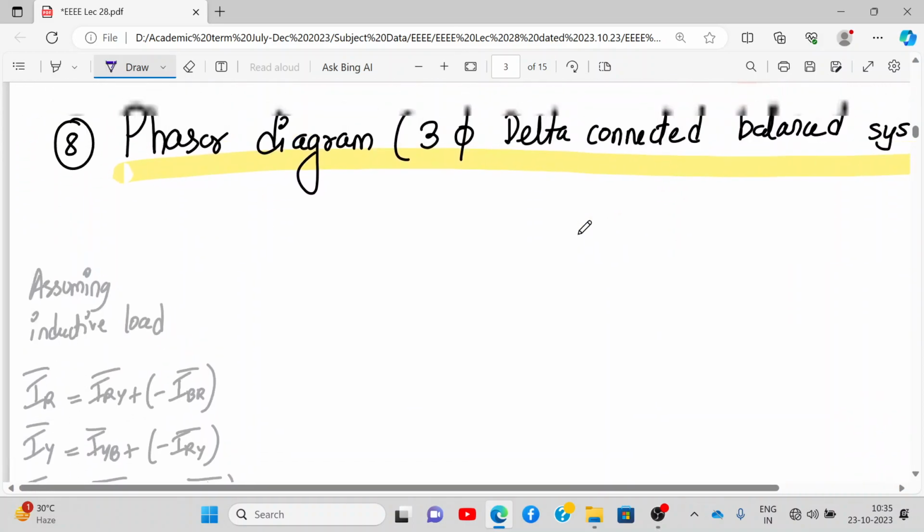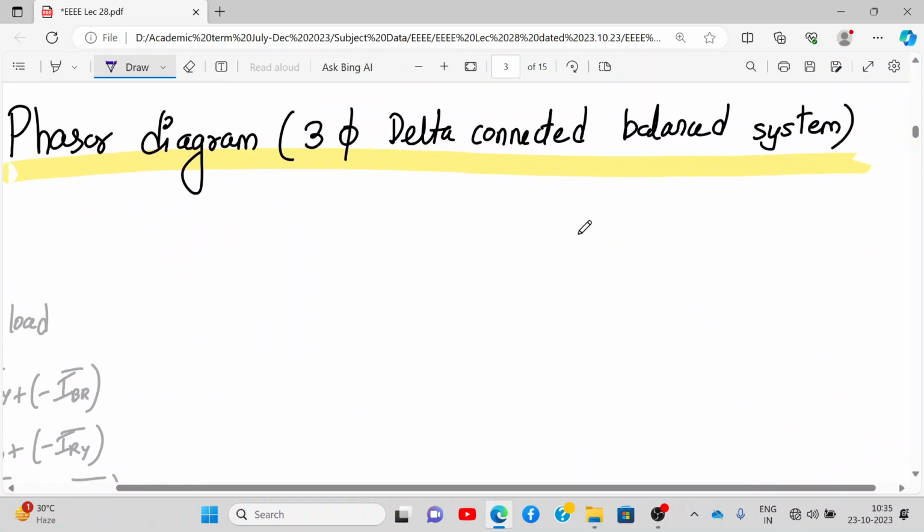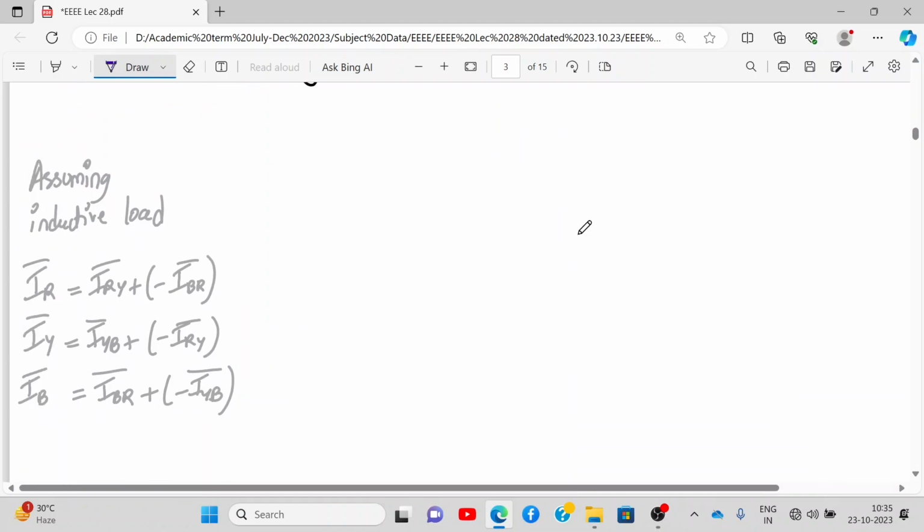Now next we draw the phasor diagram for a three-phase delta connected system. So again write down, assuming inductive load, IR will be IRY minus IBR.